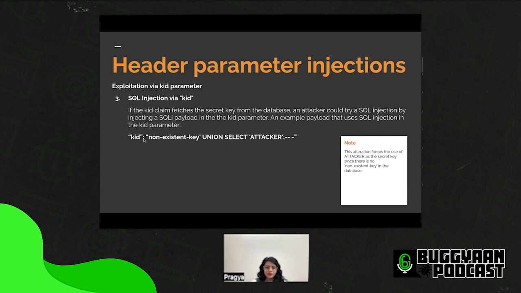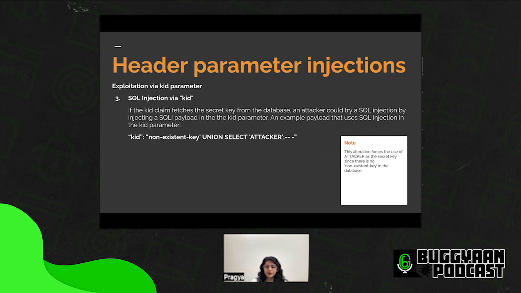You can just enter a payload like this. You can do a union attack and it may be successful. It all depends on how well you're enumerating your application and your token, and trying to find where it is fetching the value from, either from a database or from a URL.